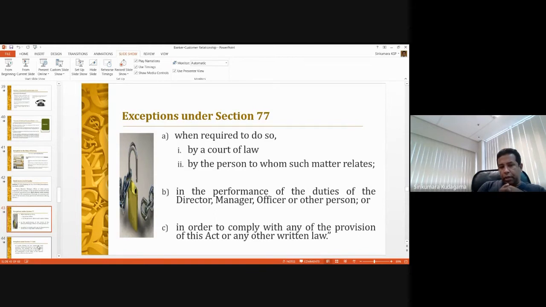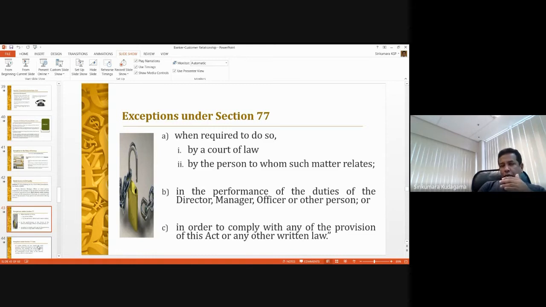Section 77 recognizes an exception when required to do so, meaning when required to divulge information by a court of law or by the person to whom such matter relates.